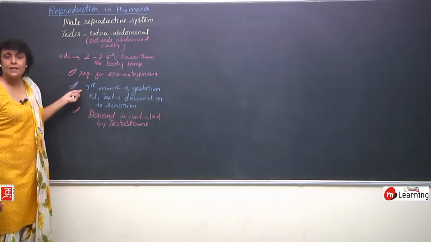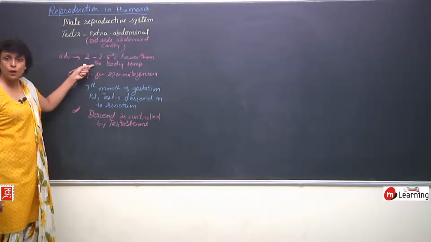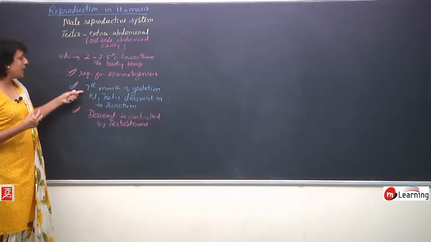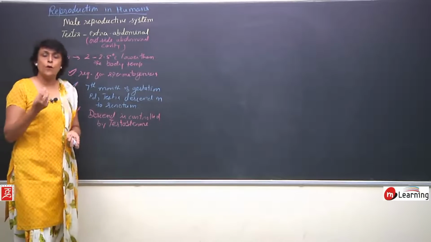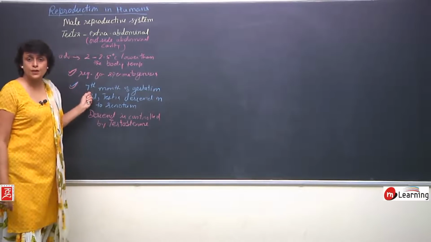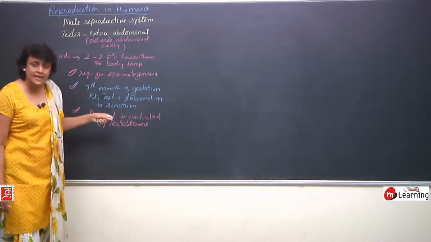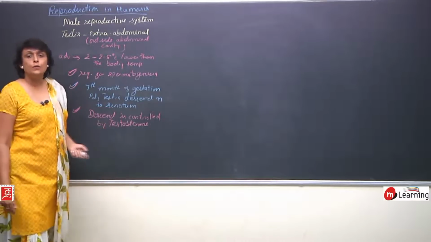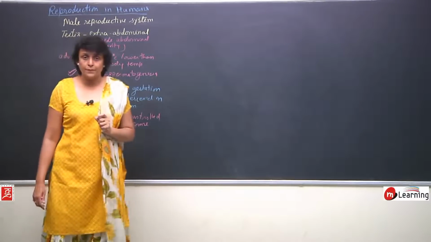These testes, though they are found outside the abdominal cavity, are formed in the abdominal cavity when the fetus is growing. In the 7th month of gestation period, they descend into the scrotal sacs under the influence of testosterone.